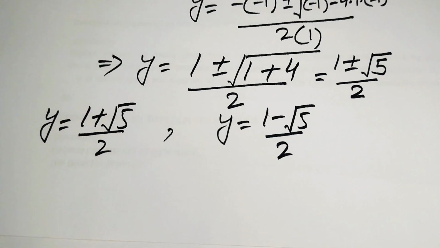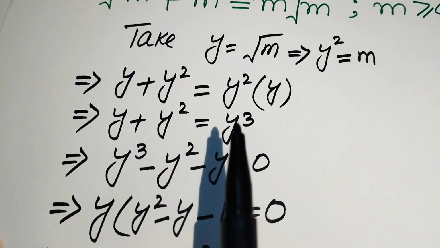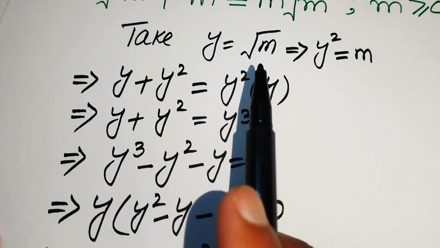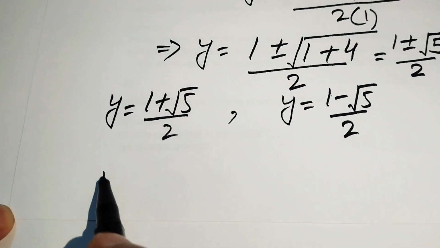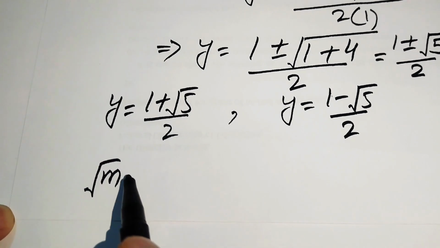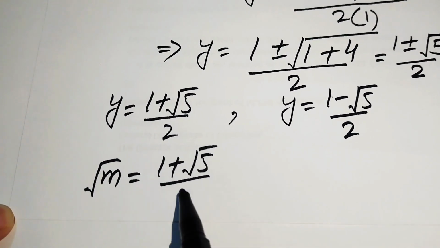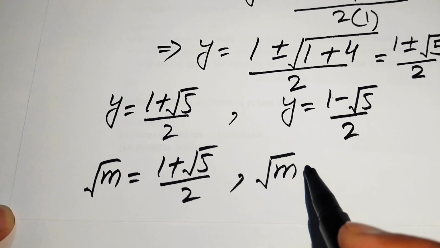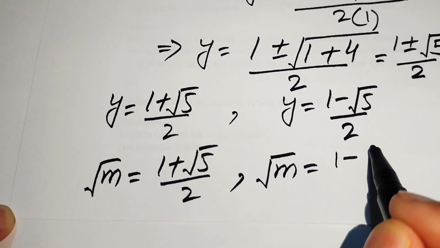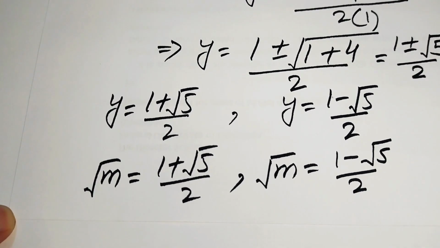And now in the next step, we back substitute the value of y, where y equals square root of m. So we substitute the value of y here, and we get square root of m is equal to 1 plus square root of 5 divided by 2, and in this case we have square root of m is equal to 1 minus square root of 5 divided by 2.